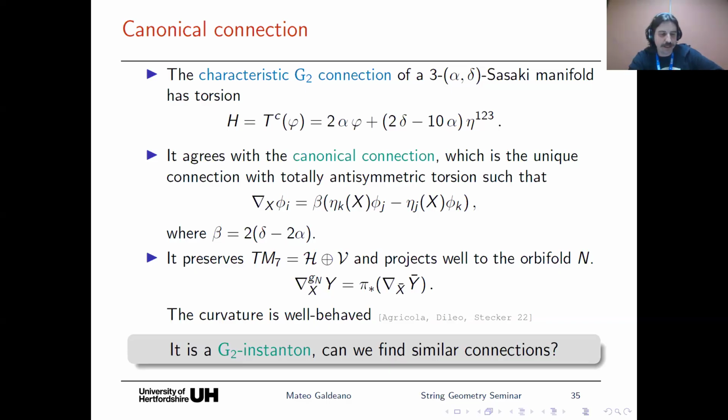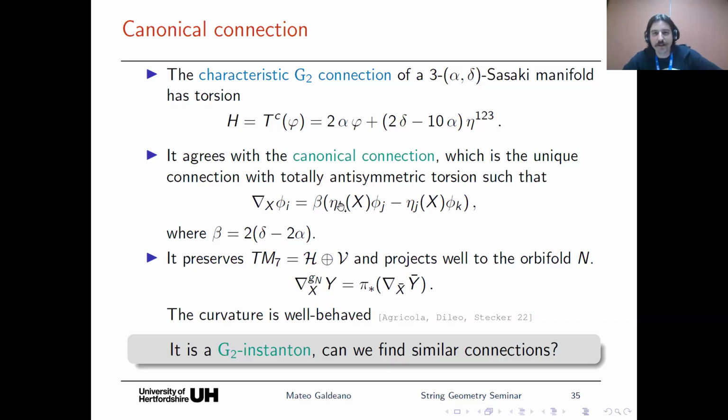Yes. So 3 alpha delta is something that is defined in 2n plus 3 dimensions. So it doesn't have to be in 7 dimensions. You can think of 3 alpha delta in any 2n plus 3 dimensions. And it so happens that when you take 2n plus 3 equals 7, these canonical connections agree with the characteristic G2 connection. Oh, okay.